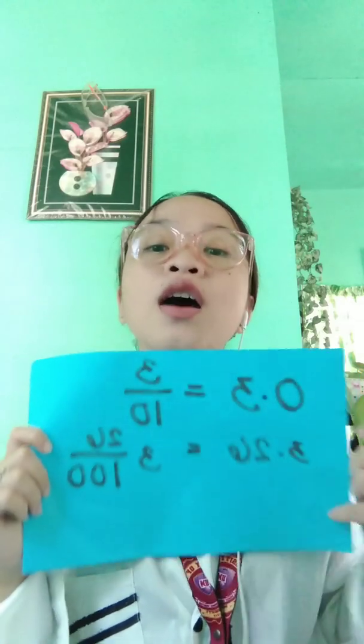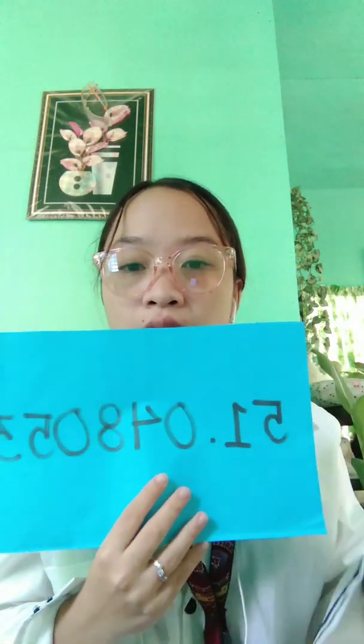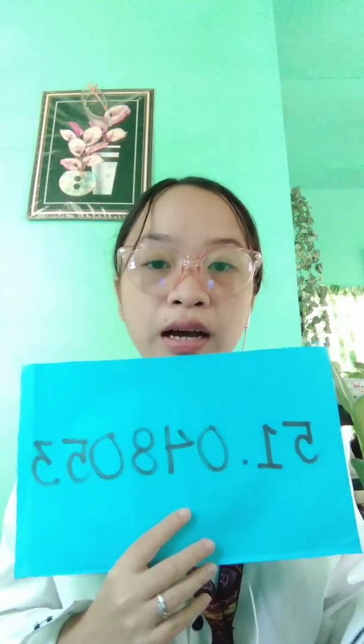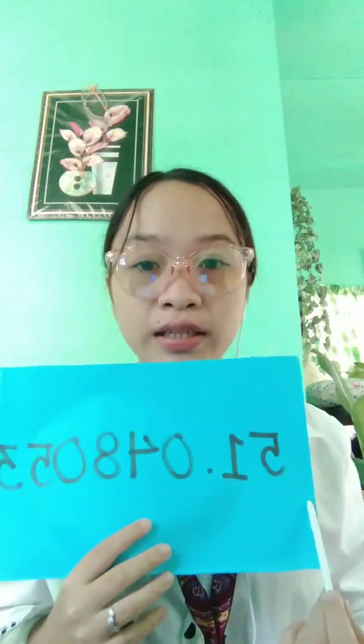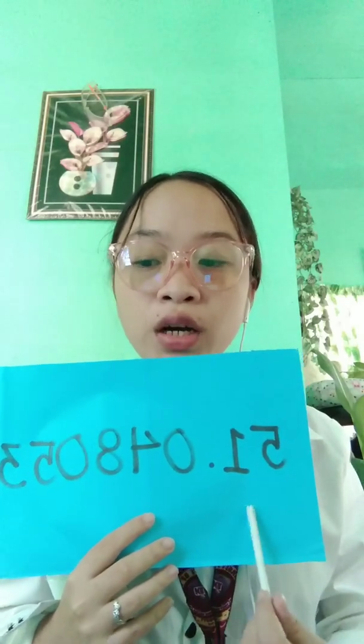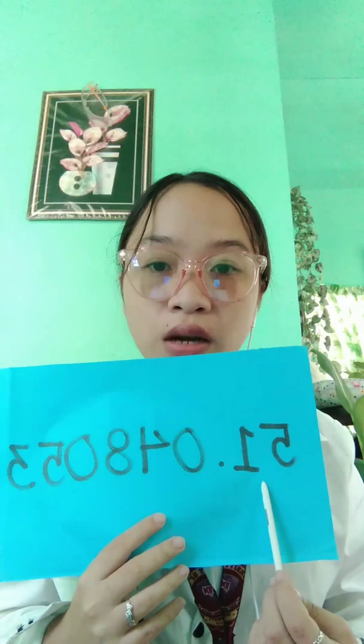So now, unsaon nato pag-determine ang place value sa decimal? Here, for example, since ang 51 is a whole number, ang 5 is tens, ang 1 is ones.